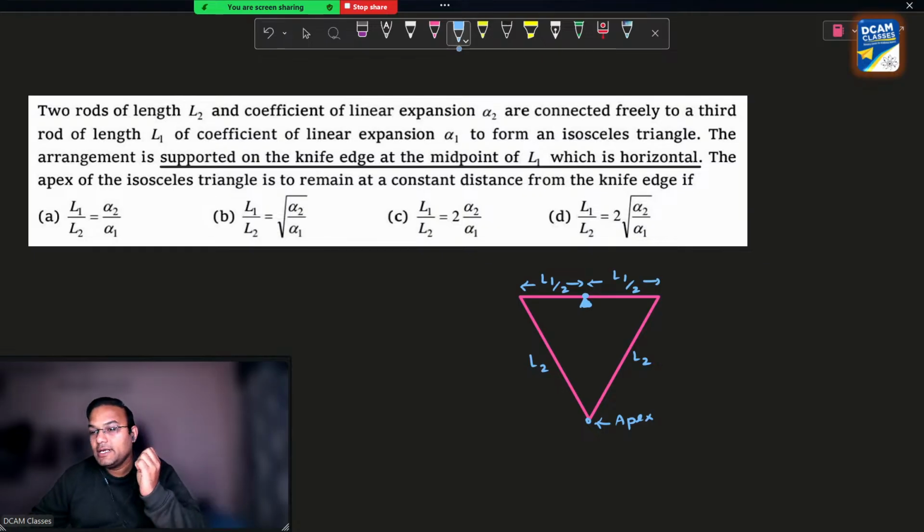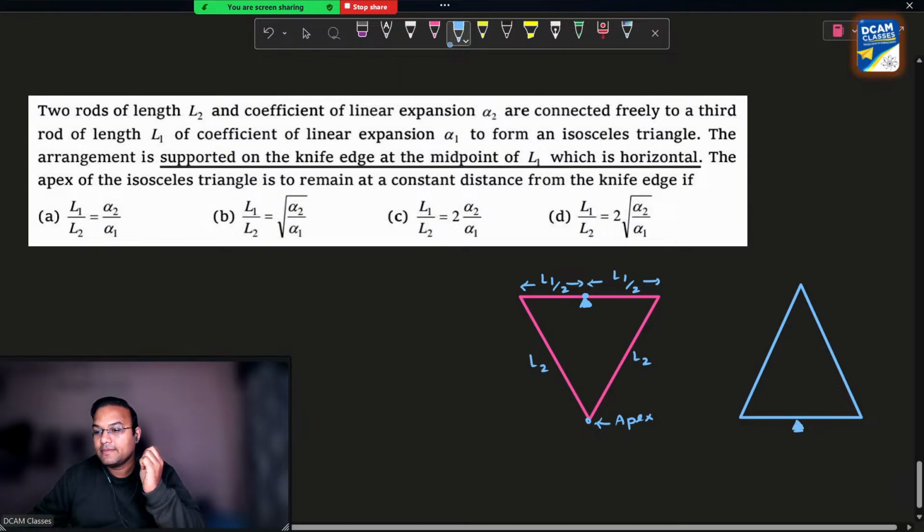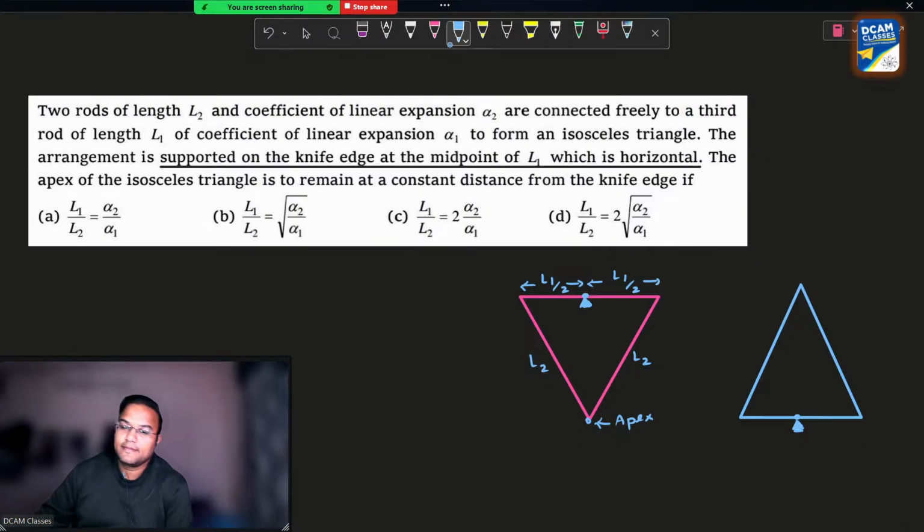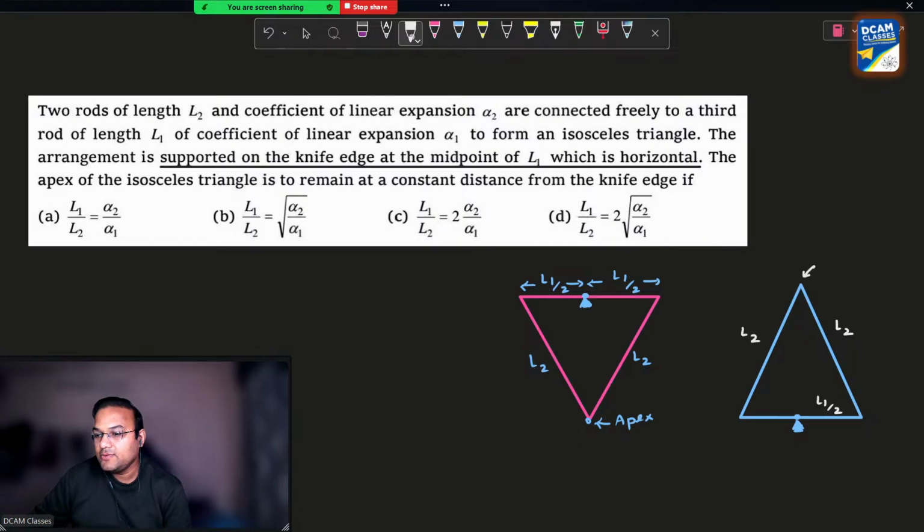Achha, you are saying it will be like this. Yes, you can draw like this. If you want, you can do it this way also. This is L2, this is L2, this will be L1, L1 by 2, L1 by 2.